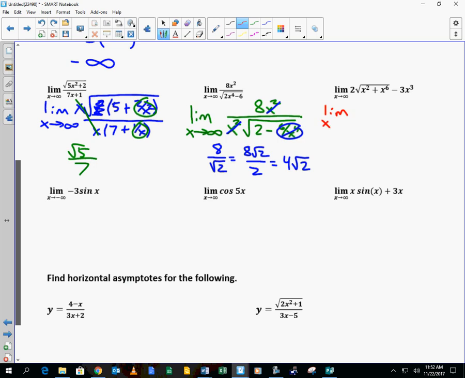When I take an x to the 6th, when I put it outside of the radical, what does it become? So we got a 2x cubed root of the x squared will become, good, plus 1 minus that 3x cubed. Because I took an x to the 6th out.